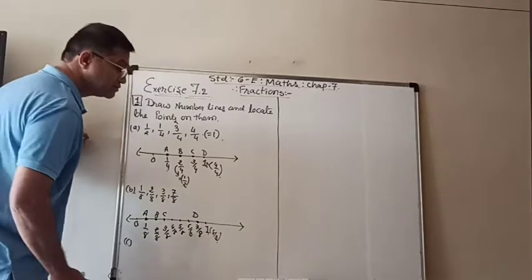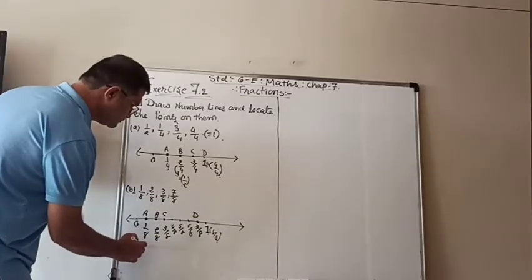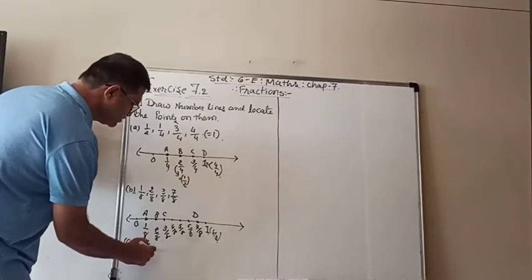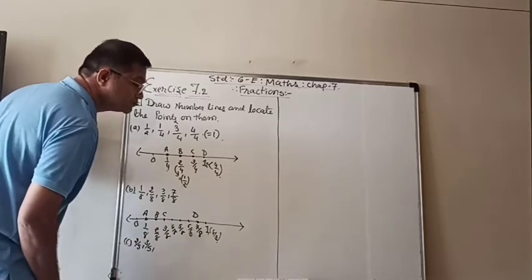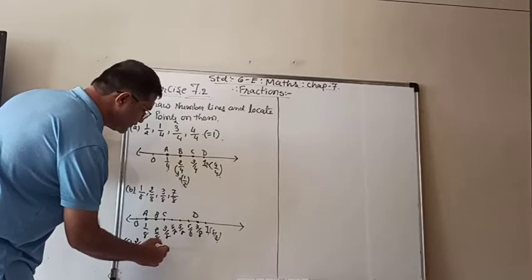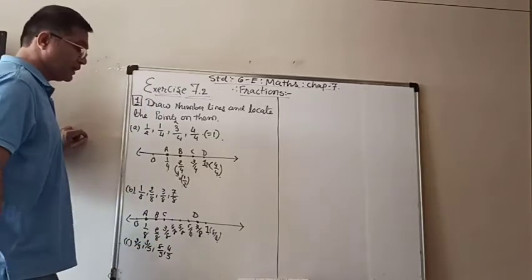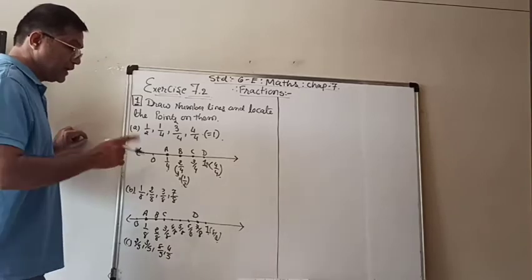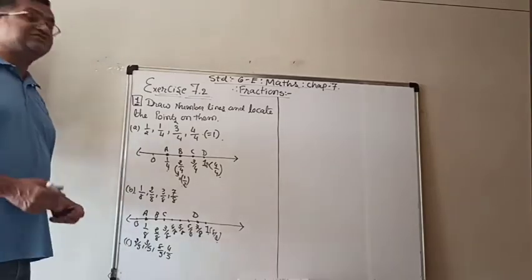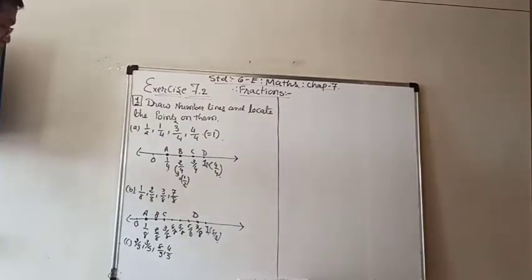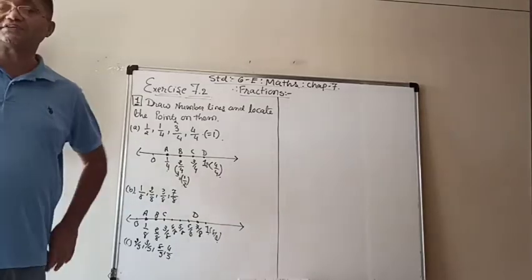The last one: 2 upon 5, 3 upon 5, 8 upon 5 and 4 upon 5. Now here you will see that something is not right.